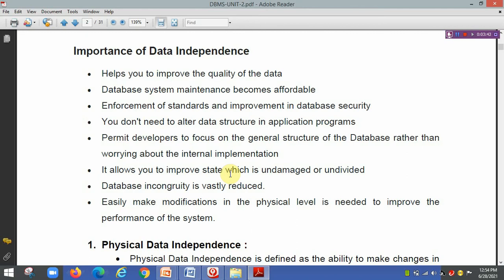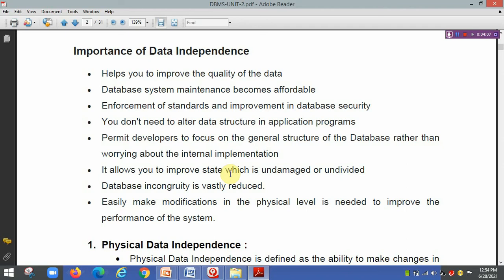And also, you don't need to alter the data structure in application programs. It permits developers to focus on the general structure of the database rather than worrying about the internal implementation. It allows you to keep the state undamaged or undivided.